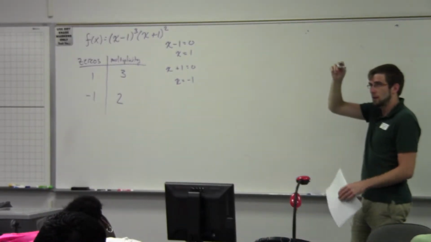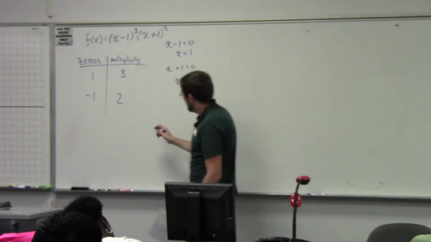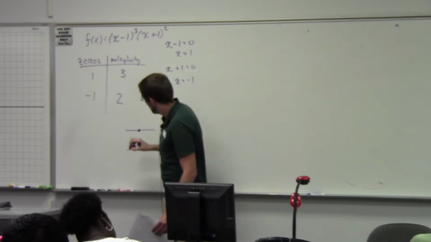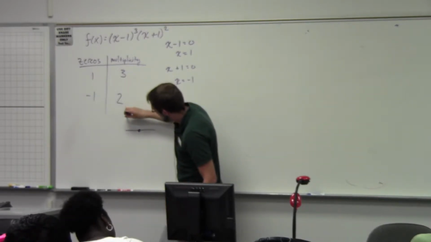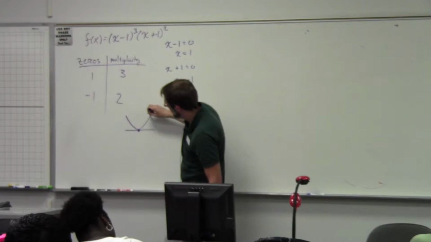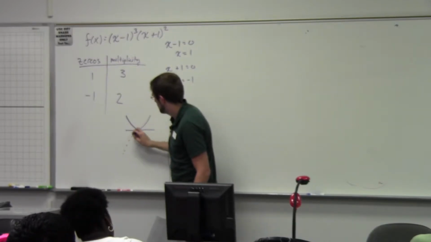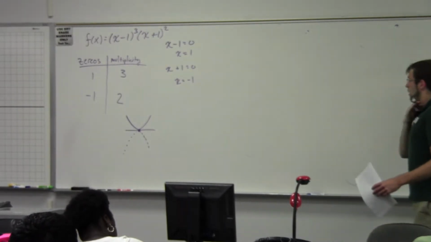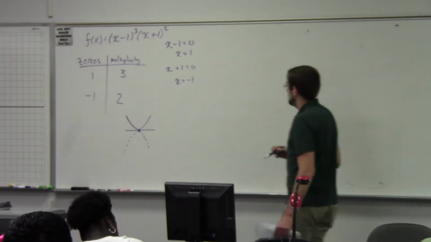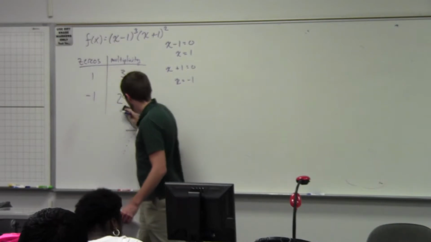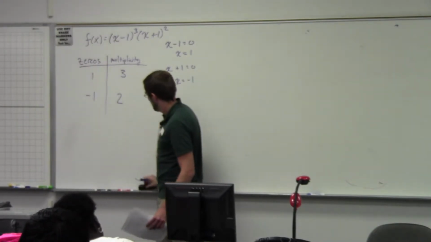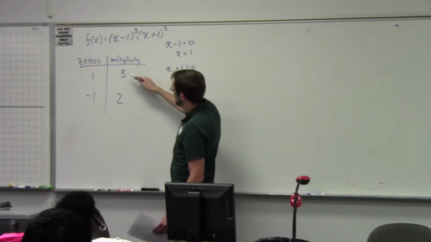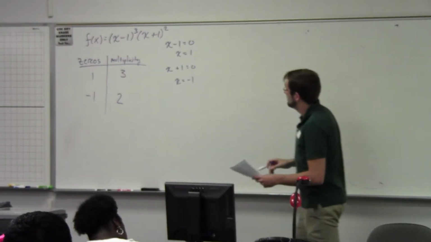If it's on the positive side, it'll come down and bounce back up, or if it's on the negative side, it'll come up and bounce back down. That's important to know for graphing, whether these are even or odd, and what happens when they are.